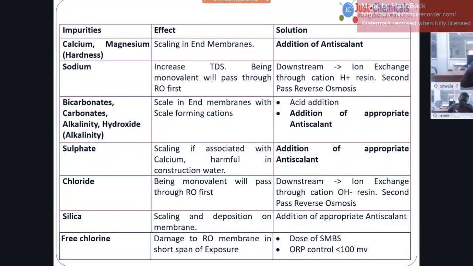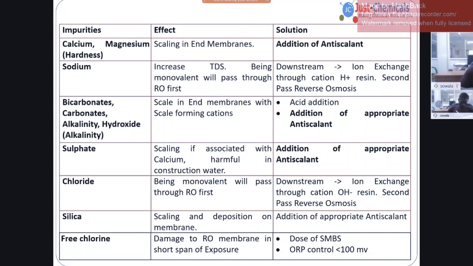also increase, because sodium being monovalent, the size of the sodium atom is so small that it passes through the RO first. That is why when we do RO tests, we talk about sodium permeation level. Normally, in modern membranes, the salt passage is mentioned as sodium passage.